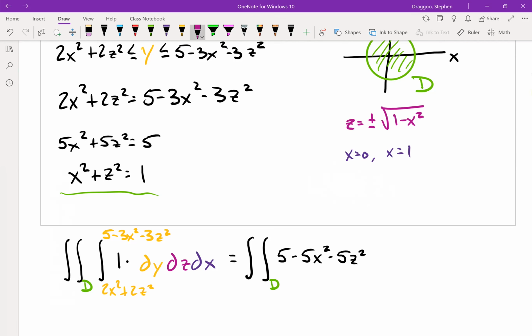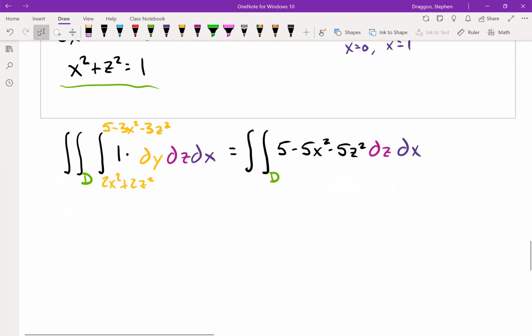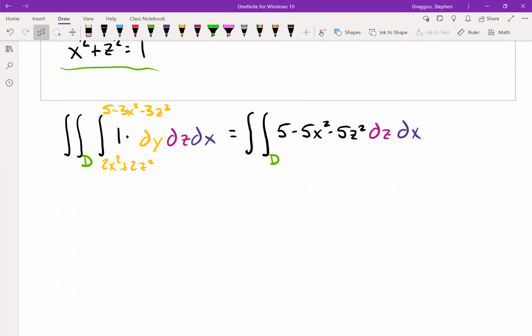And then we said dz dx. But here's where we're just going to change those things around and instead integrate this thing in polar coordinates.